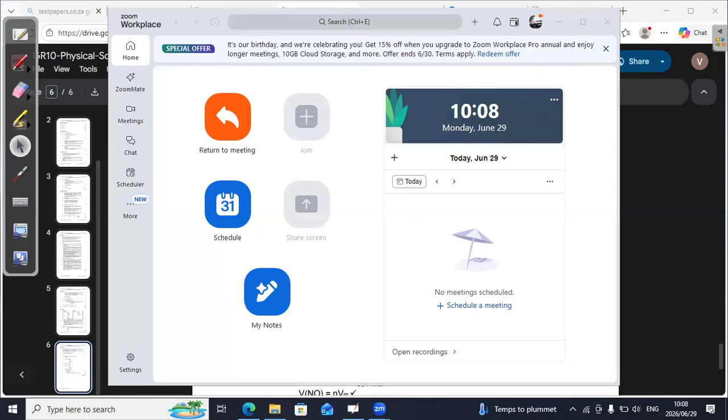Okay, what do these symbols mean? Let me write it down here to show you.